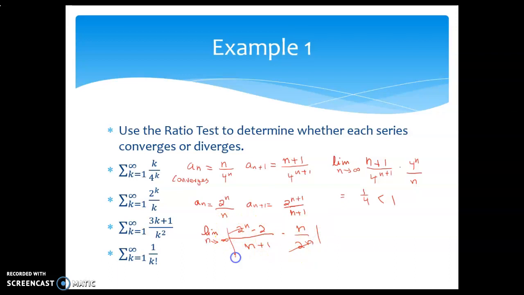Here we take the absolute value, and since it's positive, the absolute value won't have much effect. So we have the limit as n goes to infinity of 2n over n plus 1. Then we get 2, and 2 is greater than 1. So that means this series diverges.